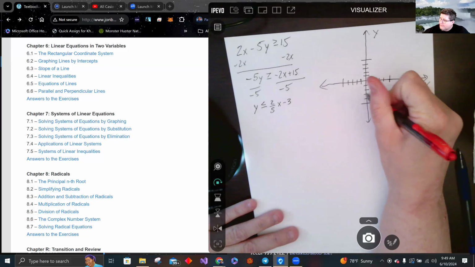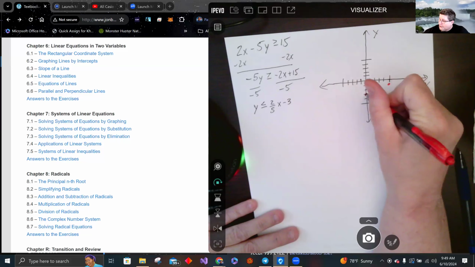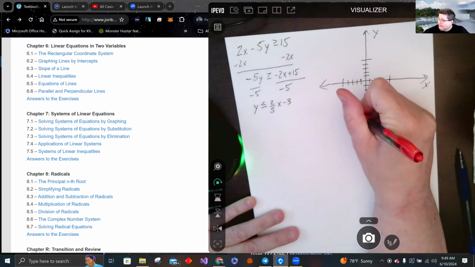So I have (0, -3), and I've got a rise of 2, a run of 5. Or I could go down 2 and go left 5.